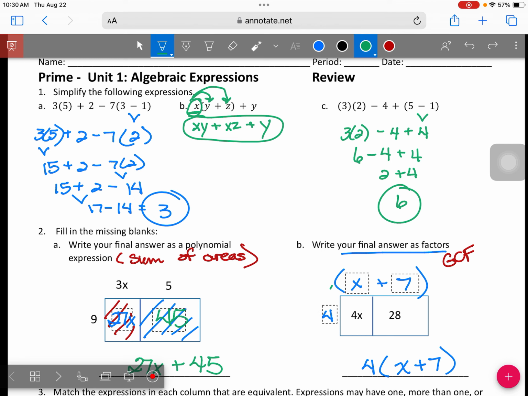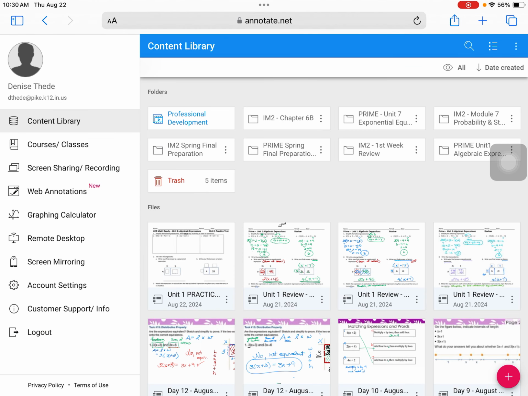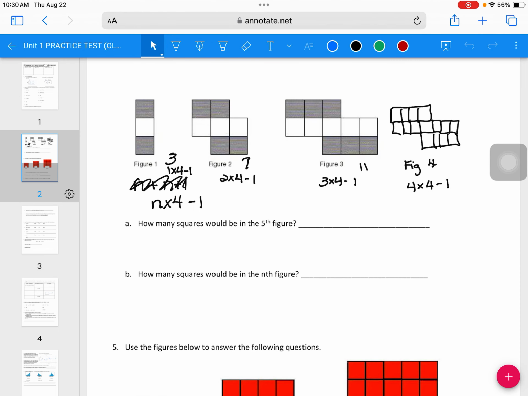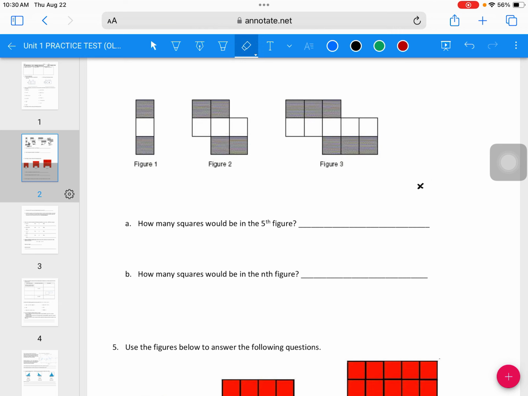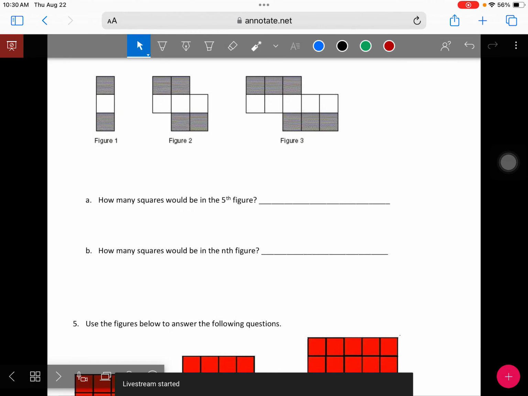I want to very quickly show you another problem that talks about finding the nth figure, because we did that yesterday. Oh, Shazbad. Hopefully you didn't see that. Good. Here is my figure.